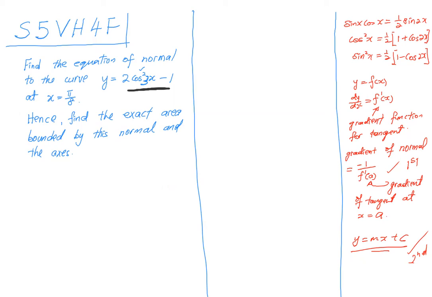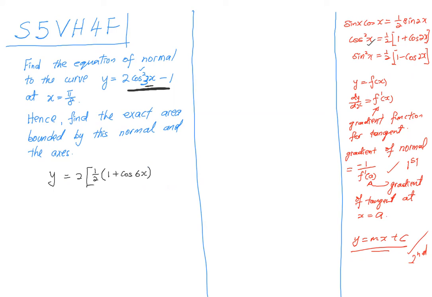So what he did is, he converted the cos square to become half, open bracket, 1 plus cos. This is 3x, so it becomes 6x here.